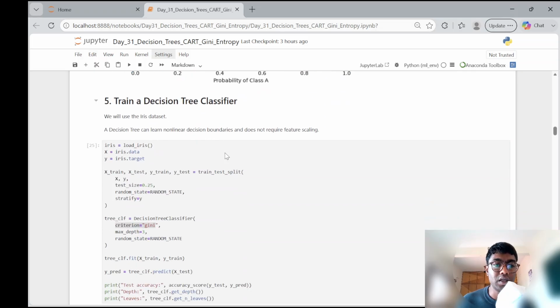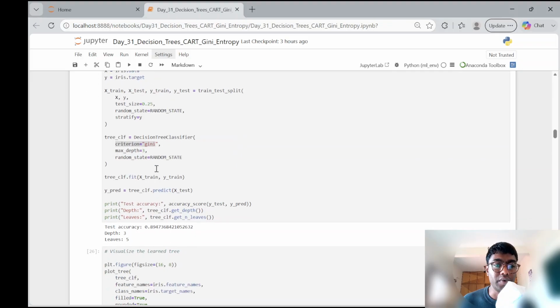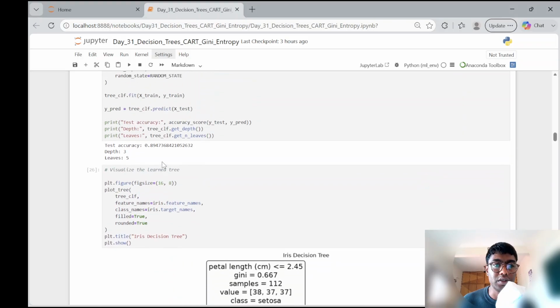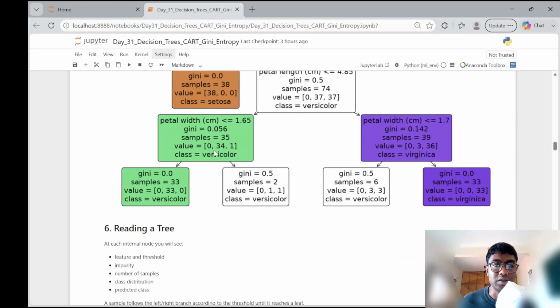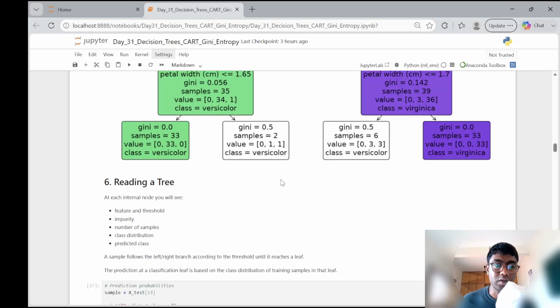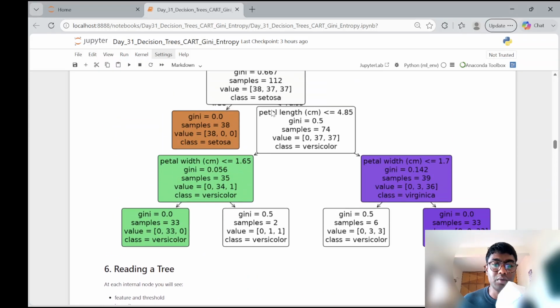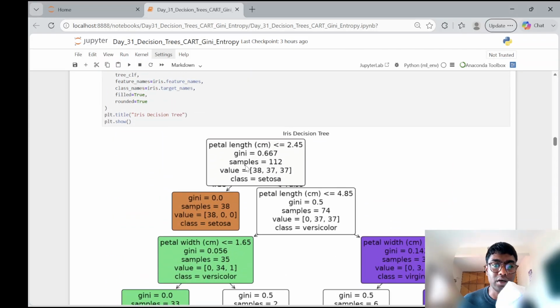Train a decision tree classifier for the iris dataset, and we can also visualize it for Gini, right? So here we see the decision tree classifier, which we have already seen previously as well. We have also been able to read the decision tree, like here we see a Gini of 0.667, which means one third is of versicolor and virginica when we consider the setosa class.